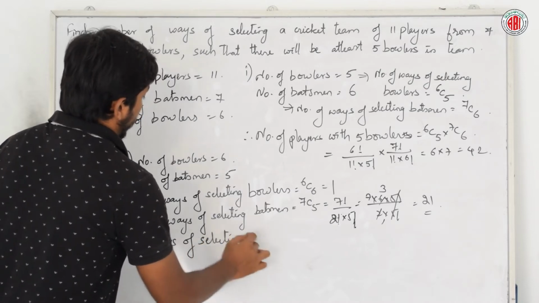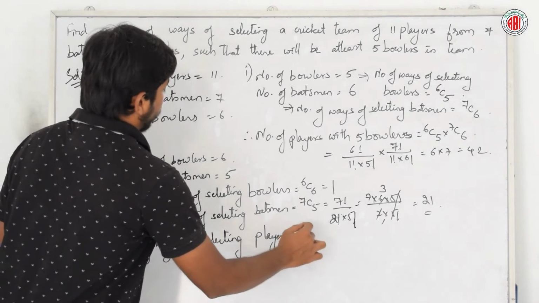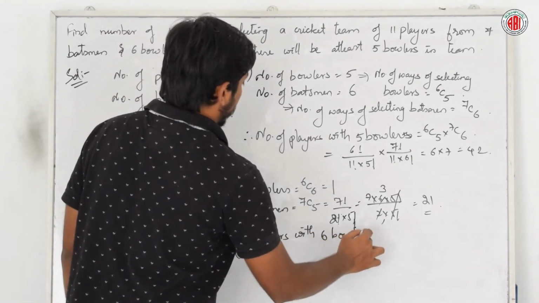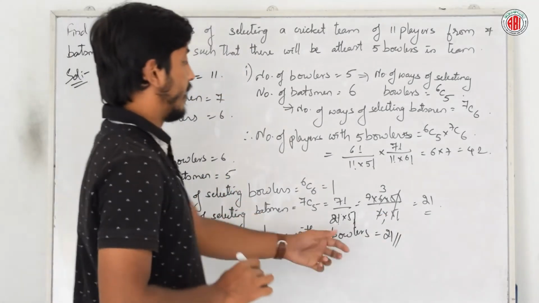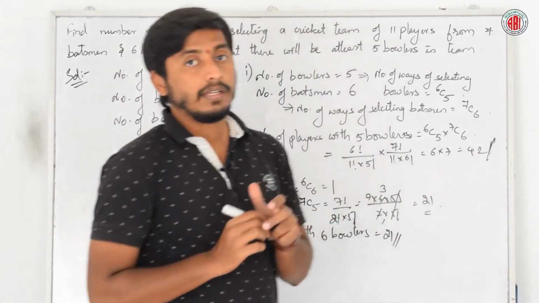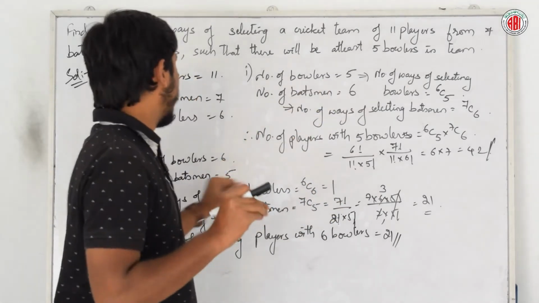selecting players with 6 bowlers is 21. Is it right? Is it not easy? Here we have taken at least 5 bowlers, we have taken 5 first and 6 next.